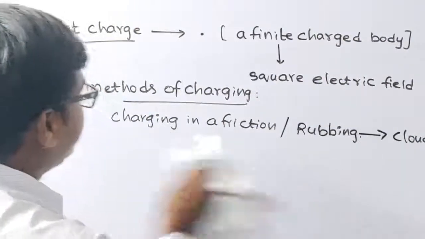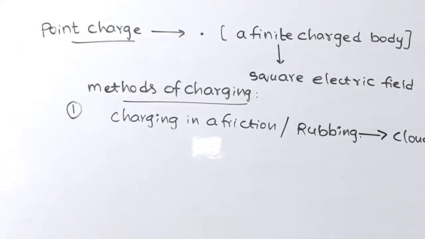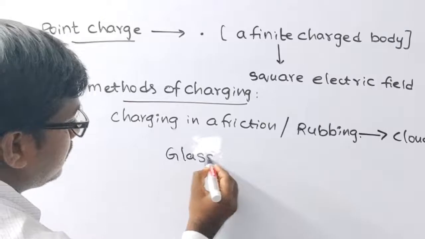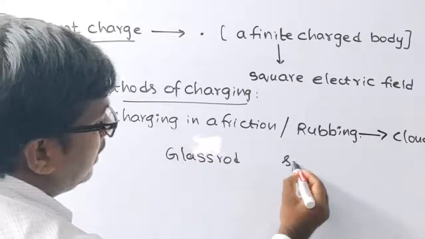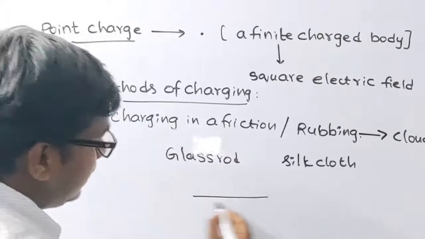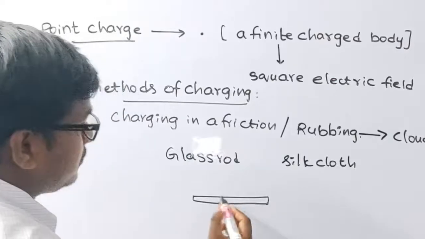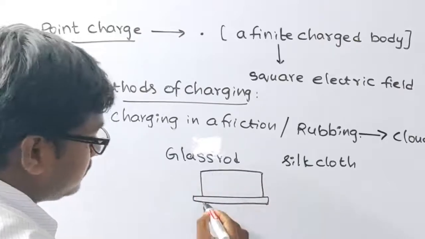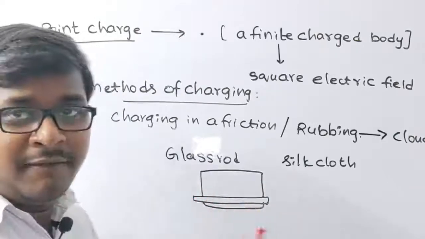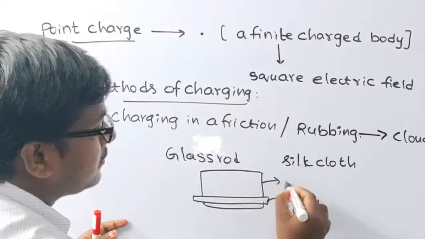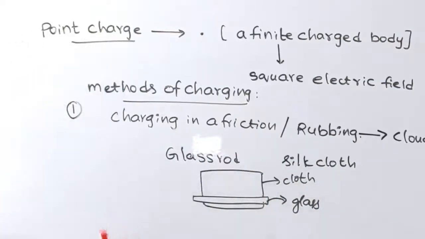Some applications of charging by friction or rubbing: the glass rod and silk cloth. These two are rubbed with each other.